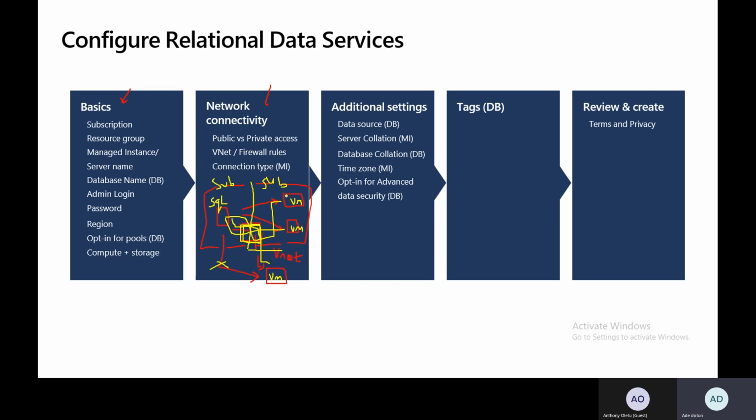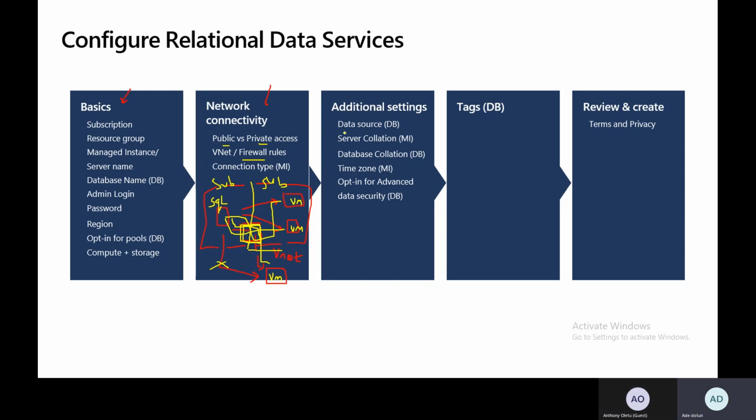But what I just drew here is telling us: do we want public communication or more private communication? If we are choosing public communication, it means we need to set up what we call a firewall. And then what type of connections are we looking at?